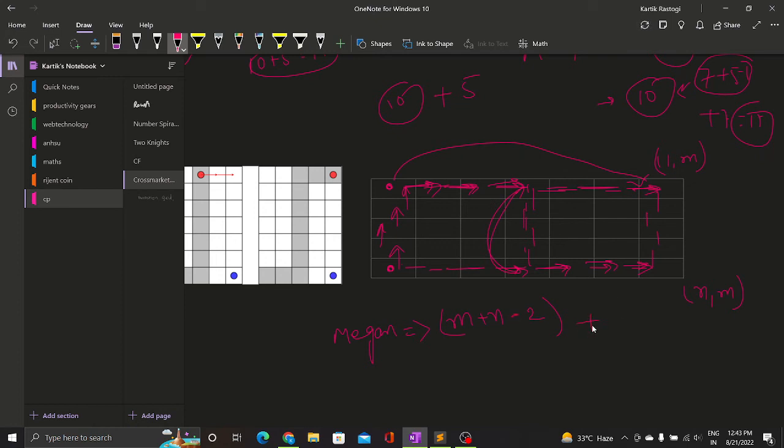Okay. And for Stanley, the minimum energy that he needs to spend is minimum of m comma n. Because this is minimum 1, 2, 3, 4.